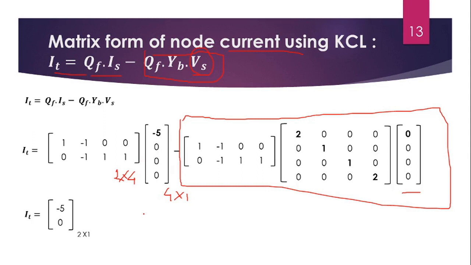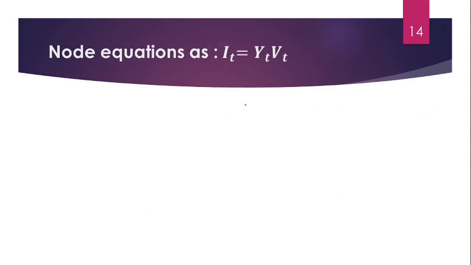As we find Yt, we can easily go for the network equation for node analysis. That is, the node equation: Is equals Yt into Vt. So as we found, Is is -5 0, Yt we found 3 1 1 4, and Vt is nothing but the unknown voltages.